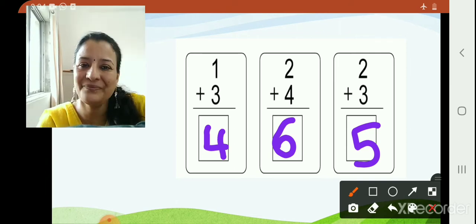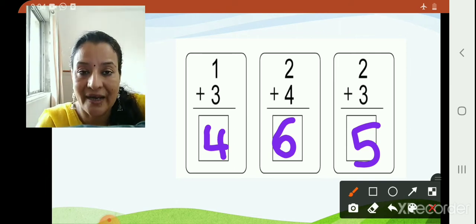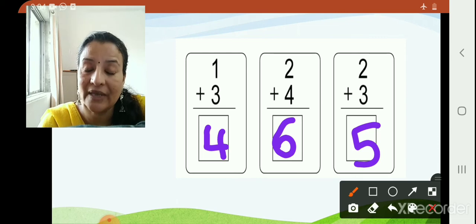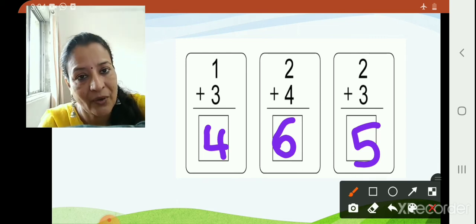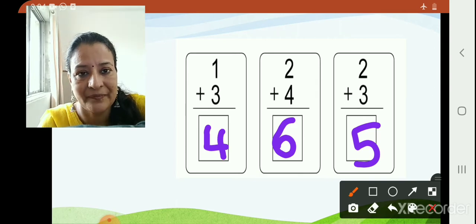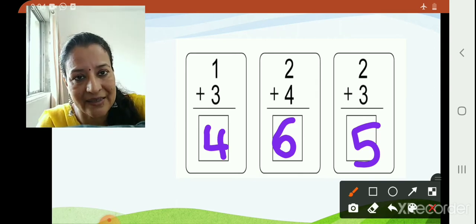Understood? Very good. Now, we are going to write in our maths notebook. That is your square line book. Open your books, please. Take a pencil and an eraser.